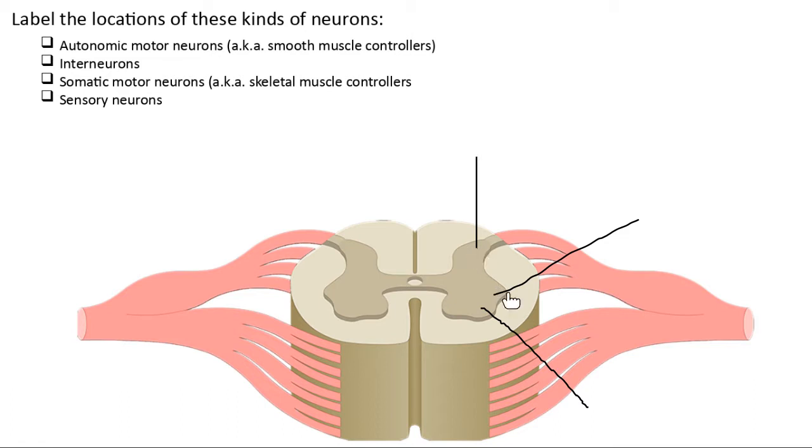This one over here is my lateral horn. This one up here is my ventral horn. Which of these three horns, dorsal, lateral, or ventral, which of these is the place where I find neurons that control skeletal muscle? Do we remember from lab? Where do those ones live?